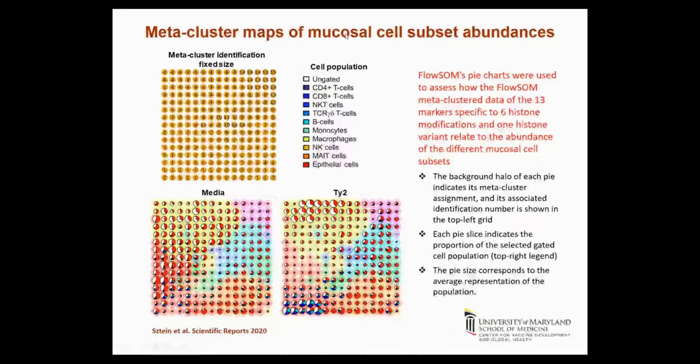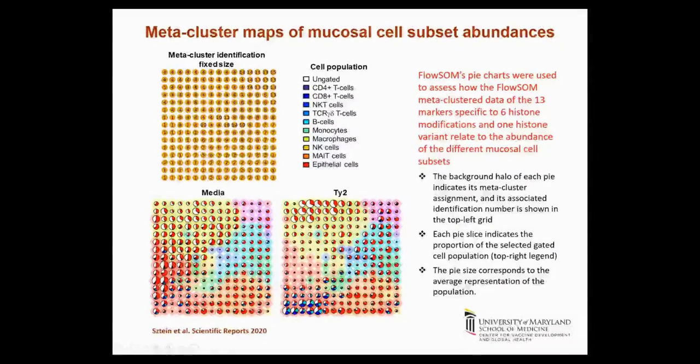So when we look at the meta-cluster maps of the mucosal subset abundances, and this is for all 11 subsets that we studied, we can see in the pie chart that those that were incubated with media and those that were incubated with Ty2 were clearly different in terms of the epigenetic modification.